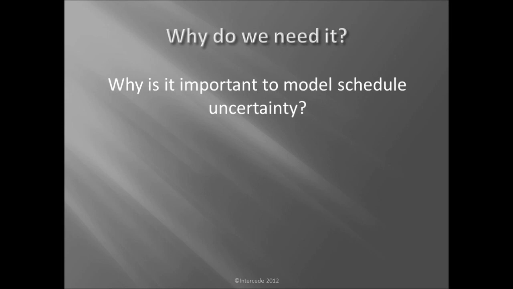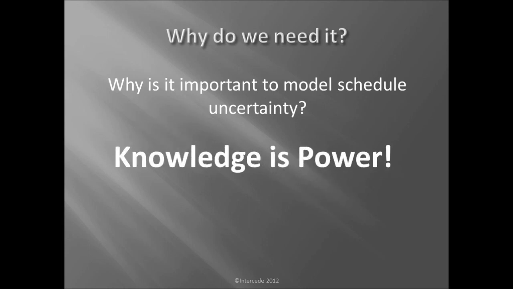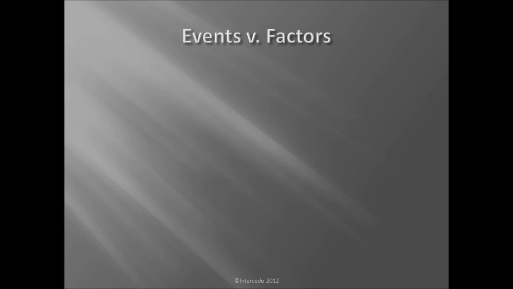The more we understand about our schedule, and the schedule is nothing but a model, the more powerful we are in dealing with that knowledge. So the important thing here is that we're modeling uncertainty so that we are more prepared for uncertainty.